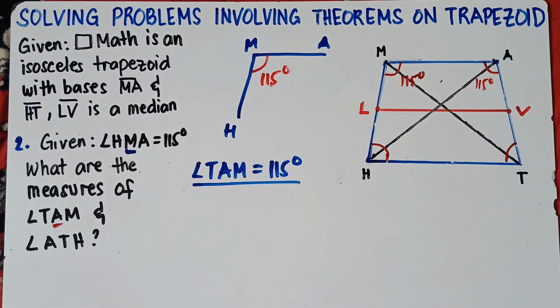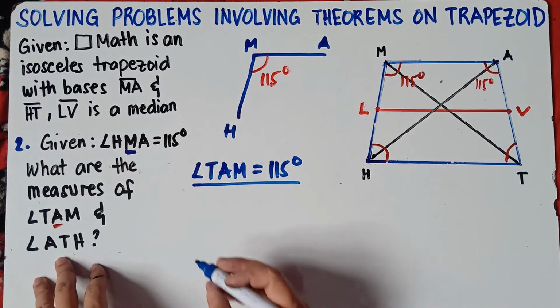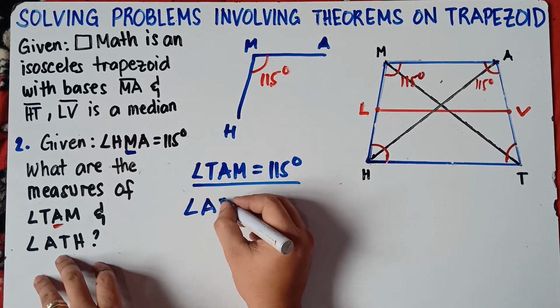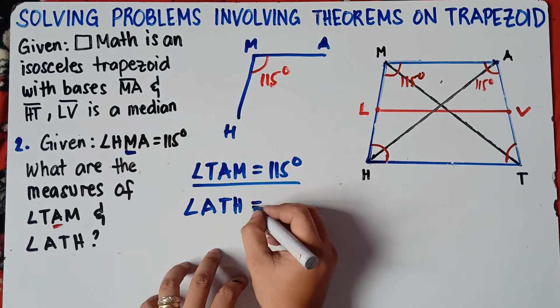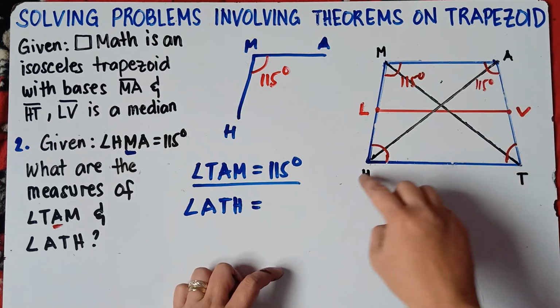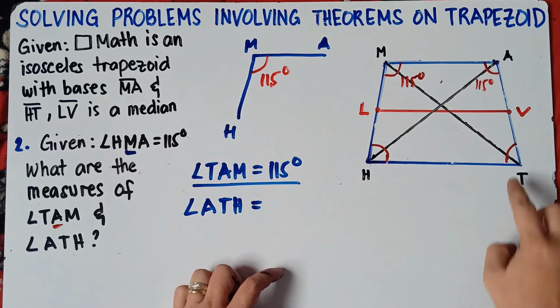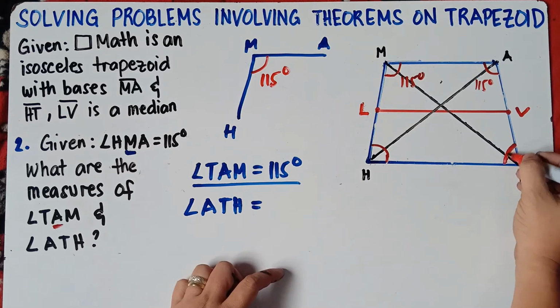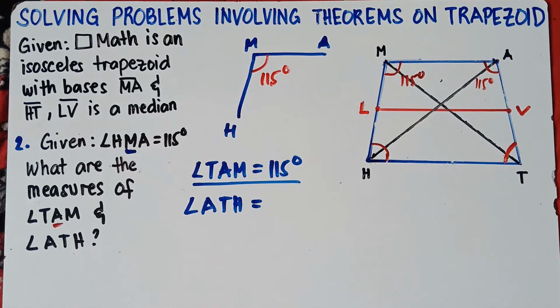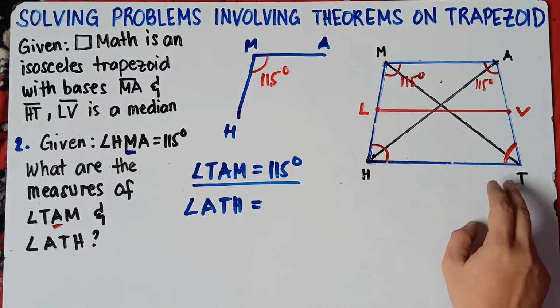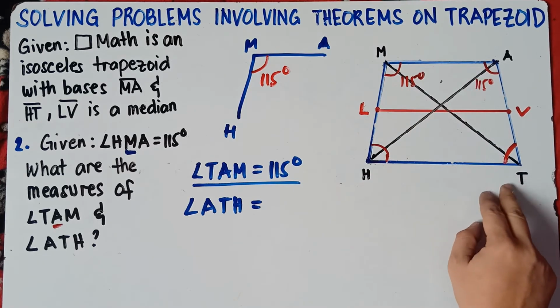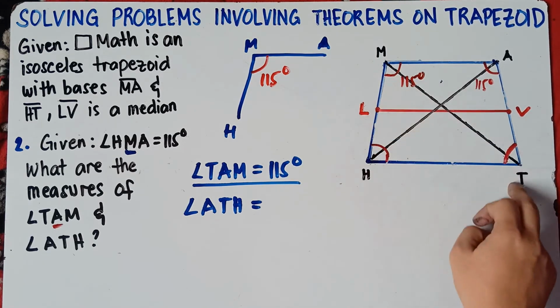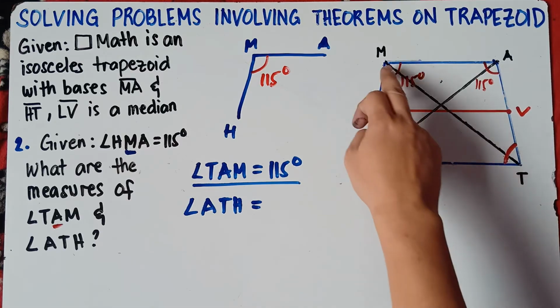Now, what would be the next answer, class? Angle ATH. What would be the measure of this angle? Do not forget about this one, class: opposite angles, the sum must be 180.